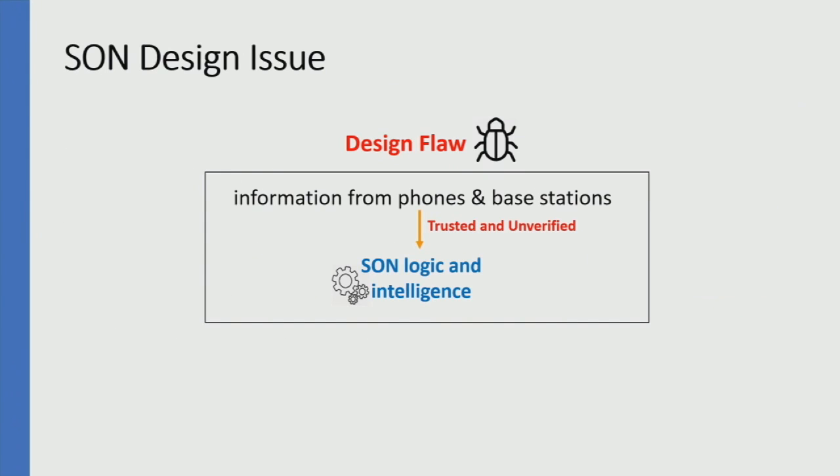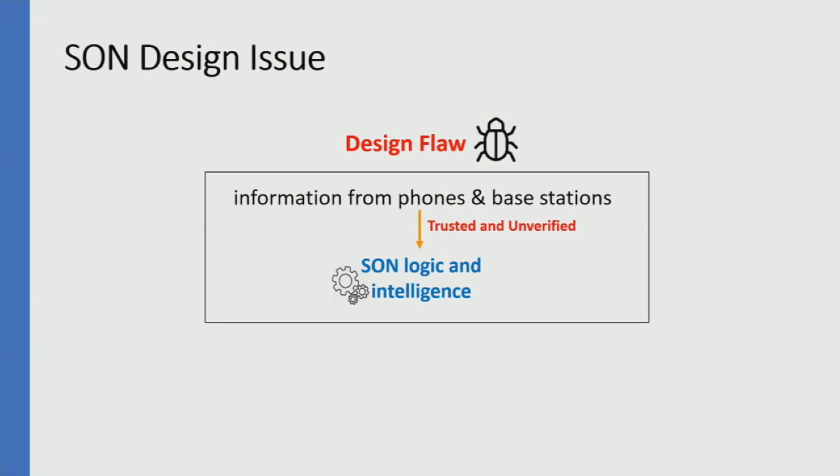The actual issue we figured was that all the logic or all the intelligence that this SON is collecting is based on the information from different phones, all the phones, and information that's shared across base stations. We know that phones are super vulnerable, they could be hacked, and they are present in locations like over the air.